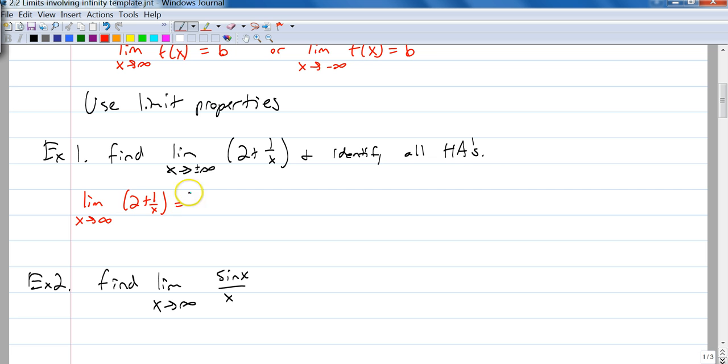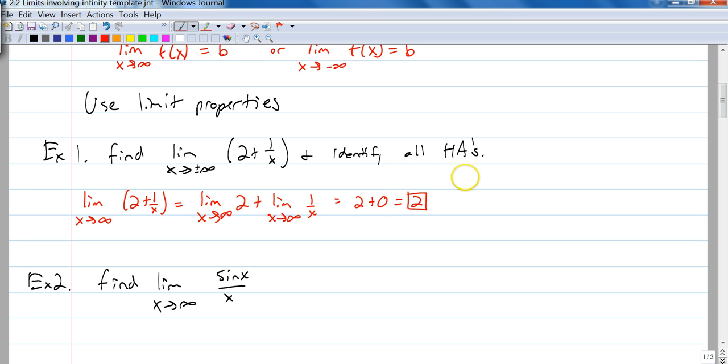And what we can do is use limit properties to break this apart. The limit as you go to infinity of 2 will just stay 2. And the limit as you go to infinity of 1 over x, we already talked about, goes to 0. So the limit as it goes off to the right is 2.